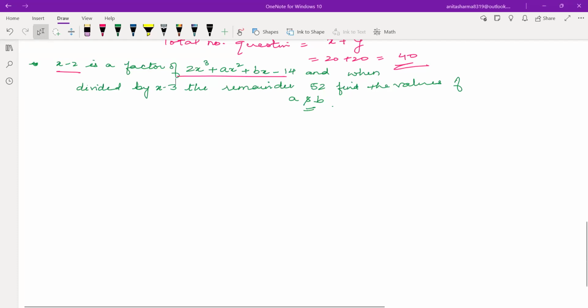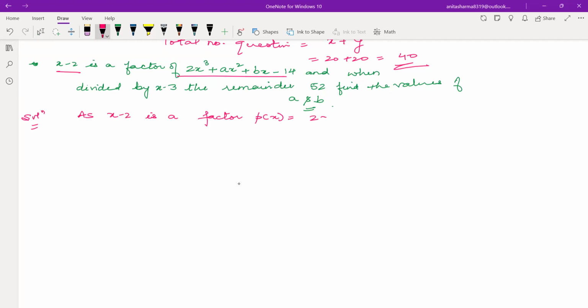Let me check then. x minus 2 is a factor. So in the solution, you will write: x minus 2 is a factor of the polynomial. You will represent the given polynomial by p(x), that is 2x cube plus ax square plus bx minus 14.